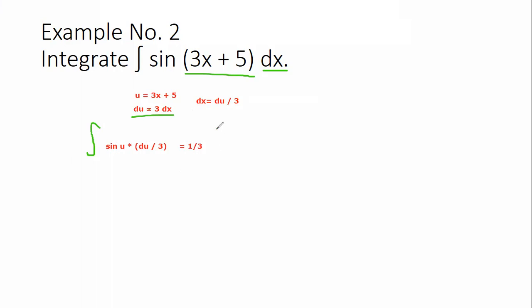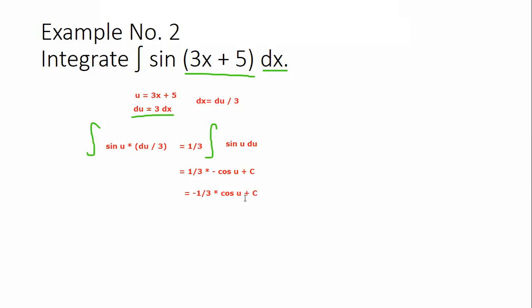So we have 1/3 times the integral of sine u, which is 1/3 multiplied by negative cosine of u plus c. This will be equal to negative 1/3 cosine of u plus c.